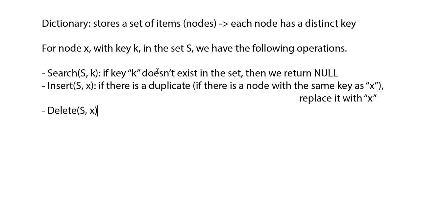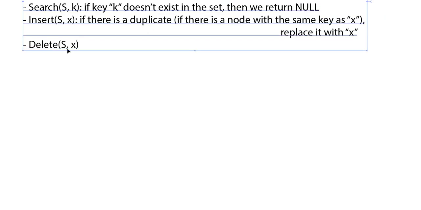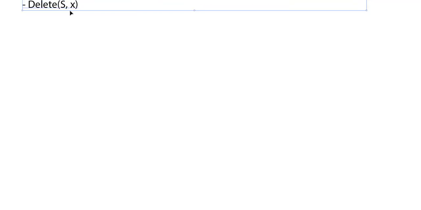Okay, now that we know that, let's actually talk about one data structure which implements the dictionary. We'll move that up, go down a little bit, and now we want to talk about BSTs, or binary search trees.